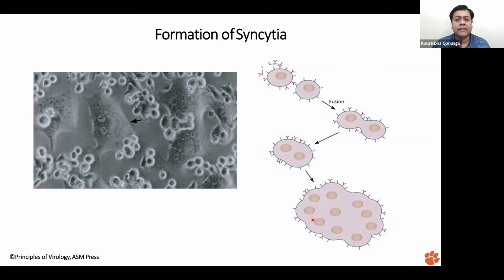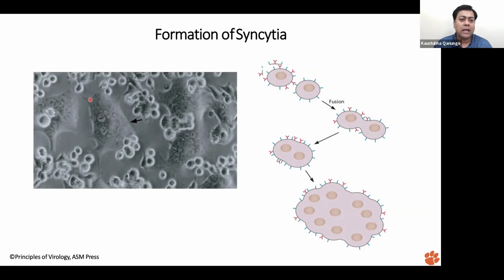The Sendai virus is one of the viruses which does this fusion, or syncytia formation. In this large cell, which becomes a viral factory, hundreds and thousands of viruses are being made. It just gets a bigger space, rather than many small individual cells, which would die very soon.